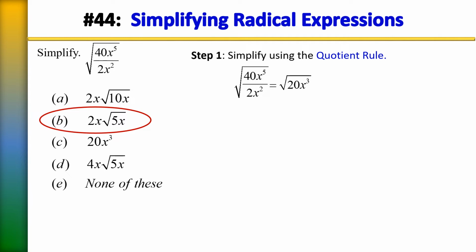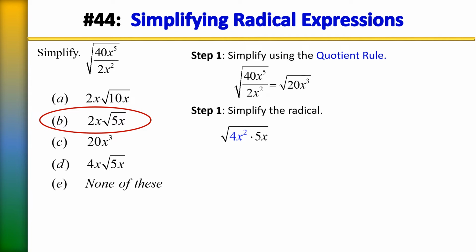So if I were to just group it and put the perfect with the perfect and the non-perfect with the non-perfect, the perfect part would be the 4 and the x squared that are inside. And then the other part, which is the 5x, that would be your non-perfect. And so that will remain underneath the radical symbol.